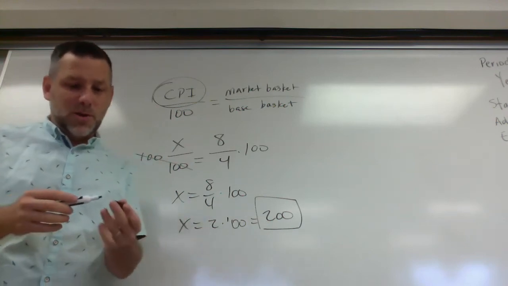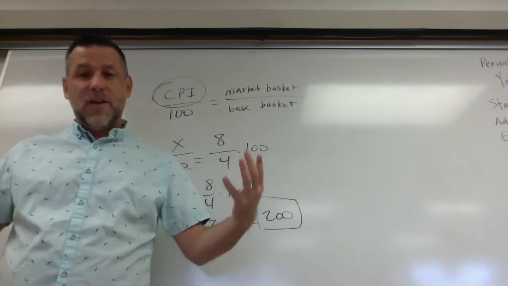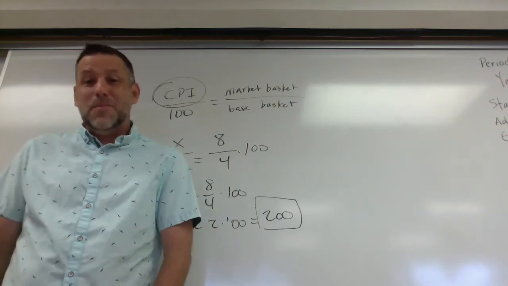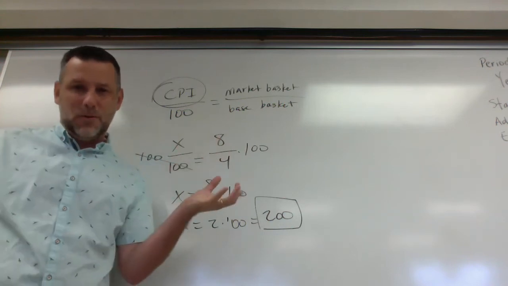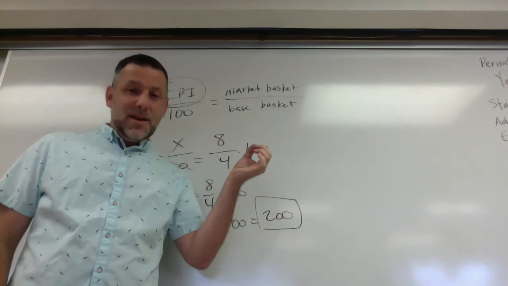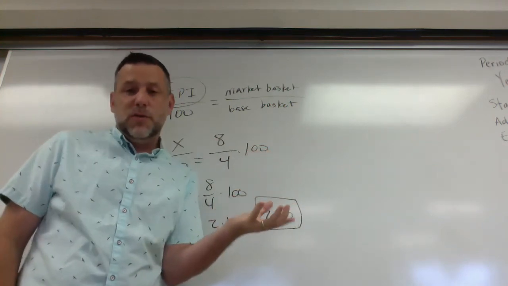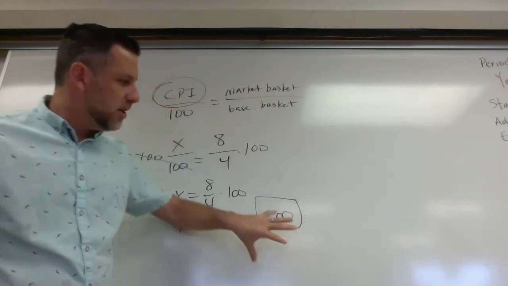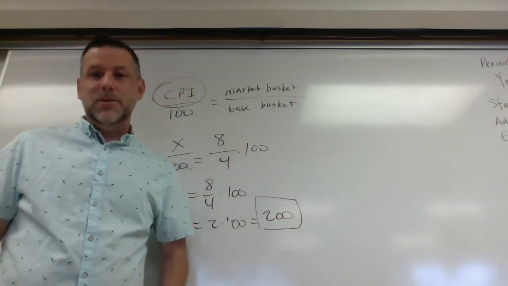Because in the real world, your market basket has like 300 things in it. So the dollar value of your market basket is going to be in the thousands of dollars, calculated down to the penny. That's not going to be really useful for people to work with. So they just convert it onto this index so that it's like 1982 is 100.